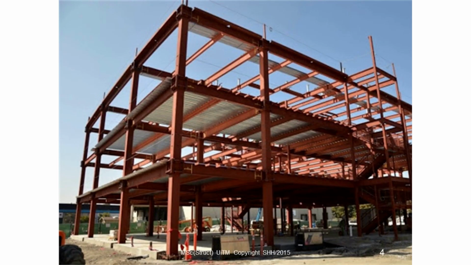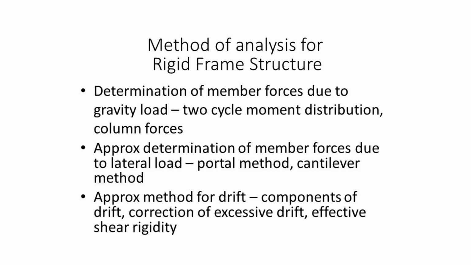In steel construction, the moment-resistant connection is costly. The design usually requires different floor framing design, causing the lowest stories to have deeper girders. For this type of structural form, you will need to use approximate determination of member forces due to gravity load, namely two-cycle moment distribution and column forces.